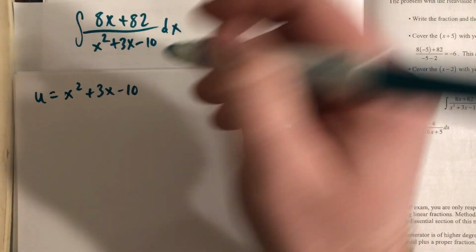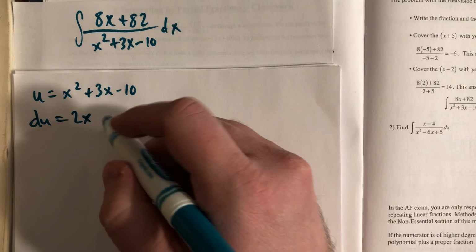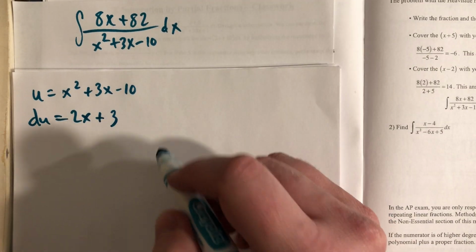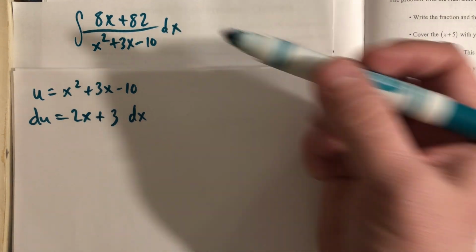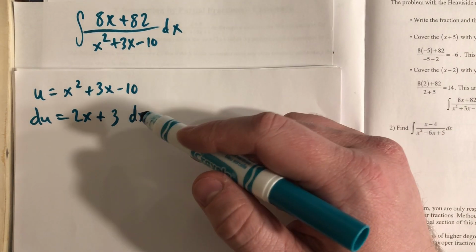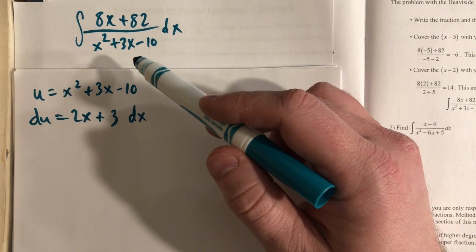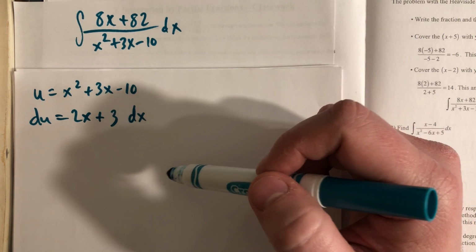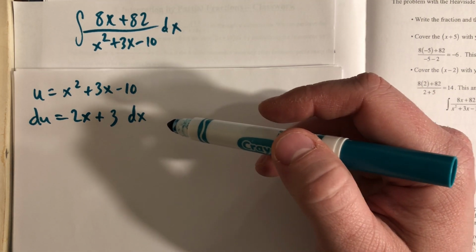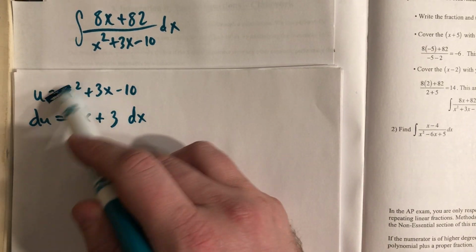That's something that we've tried before. So our du then would be 2x + 3 dx. And then if I do my substitution, the 8x + 82 isn't going to wind up canceling out in ways that we're used to, and it leaves us with something that's not quite workable.